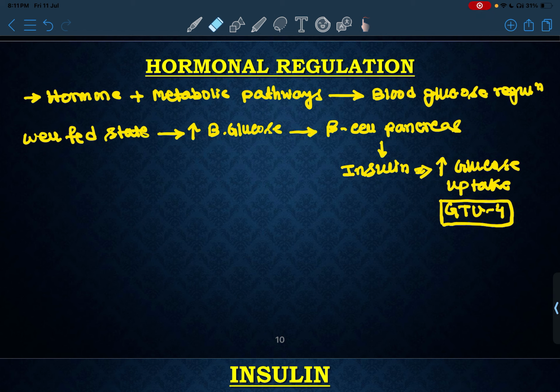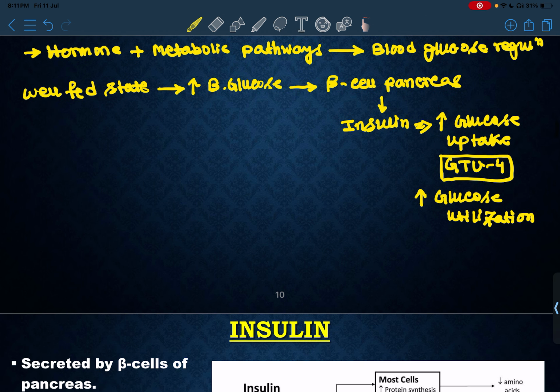In the liver, there is GLUT2, which is the transporter in the liver. And it also works by increasing glucose utilization.